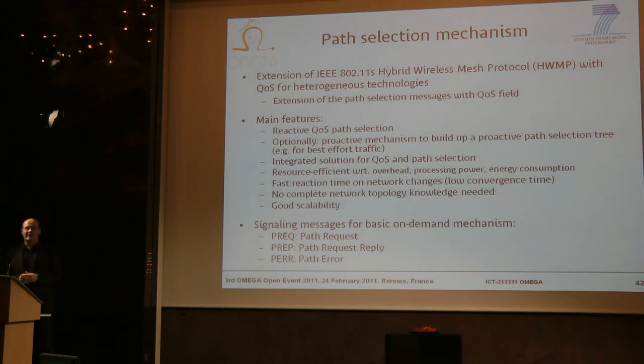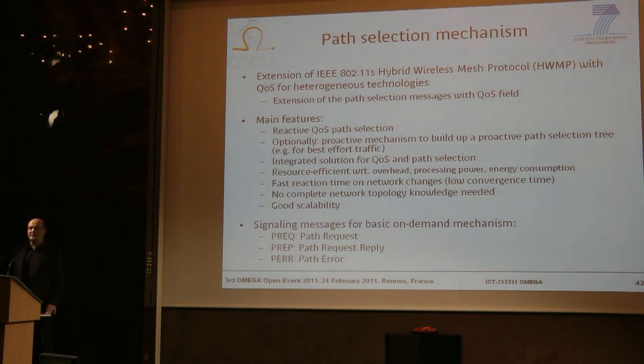Now I want to highlight the path selection mechanism, which is, as I already mentioned, the heart of the InterMAC. It is an extension of the 11s hybrid wireless mesh protocol with an extension for quality of service for heterogeneous technologies.